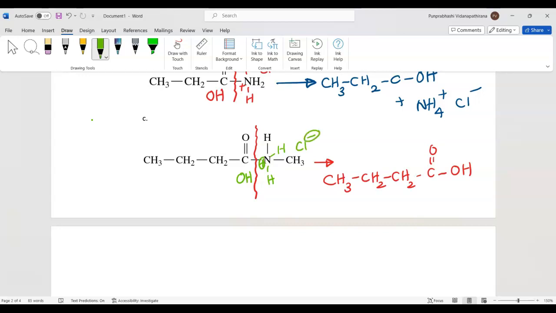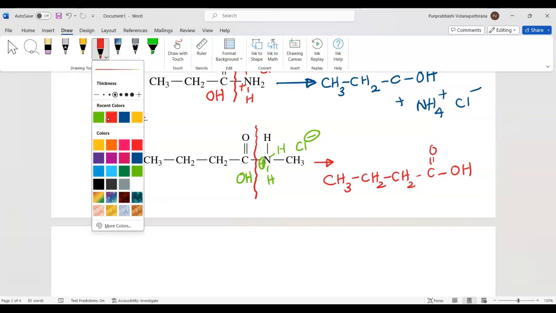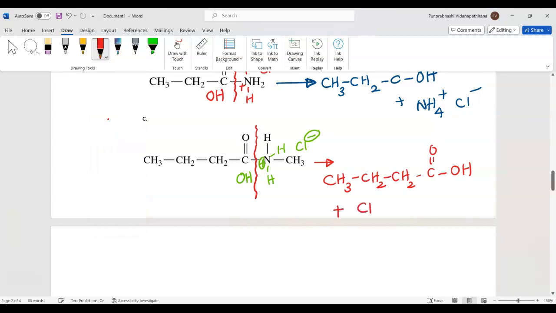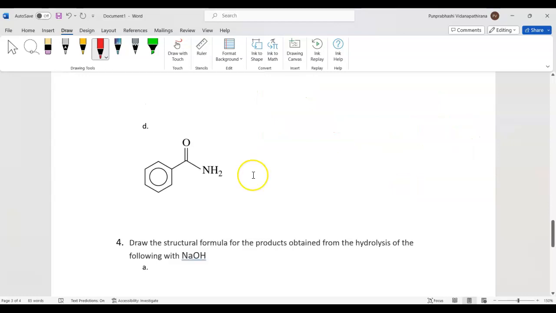So this will be the methyl ammonium chloride. So the structure will look like this. CH3, then N. How many hydrogens are there? 3 hydrogen atoms, right? CH3, NH3 plus chloride ion. Okay, so those are the two products.